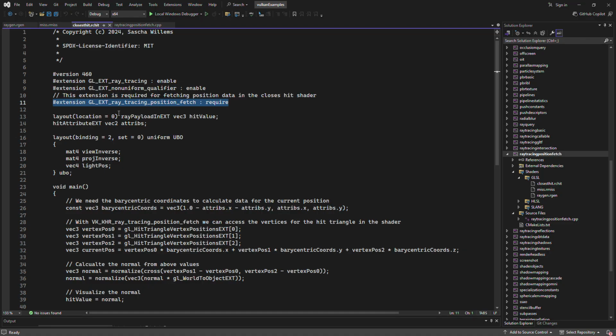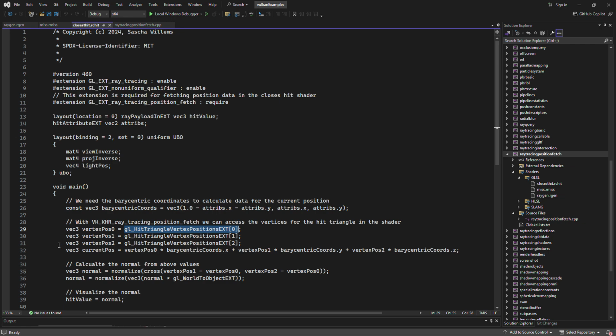We need to declare this in our hit shader because down here, these hit triangle vertex position EXT variables hold the vertices of our triangle, A, B, and C, right?